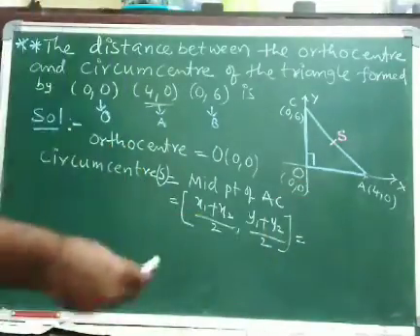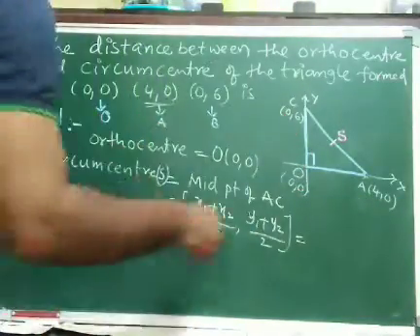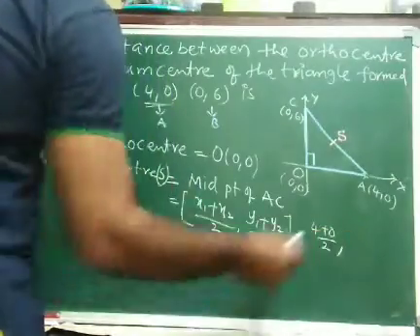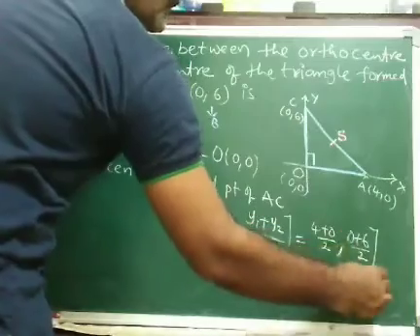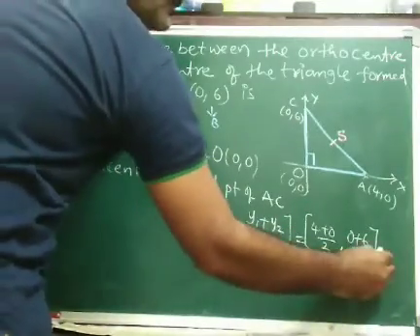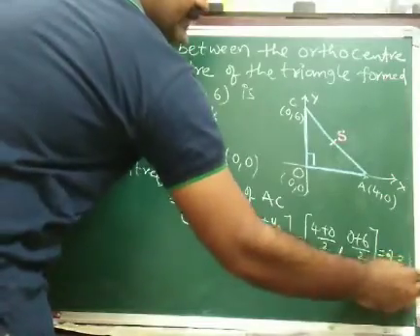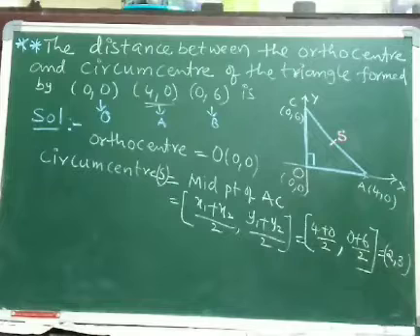Isn't it? So x1 plus x2, I mean 4 plus 0 by 2, comma 0 plus 6 by 2. So 4 by 2 is 2 and 6 by 2 is 3. Therefore the circumcenter is 2 comma 3.